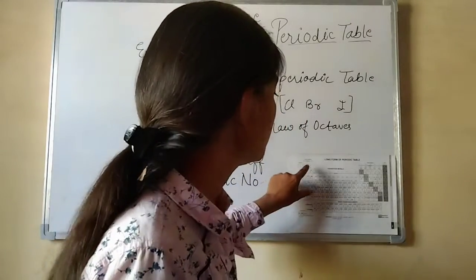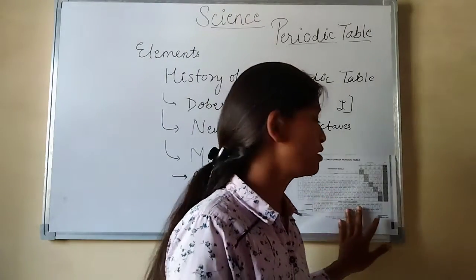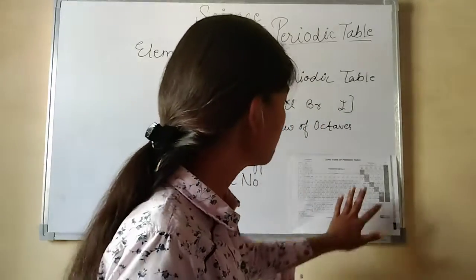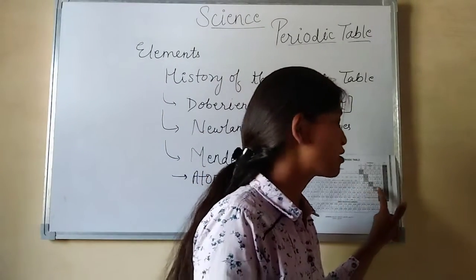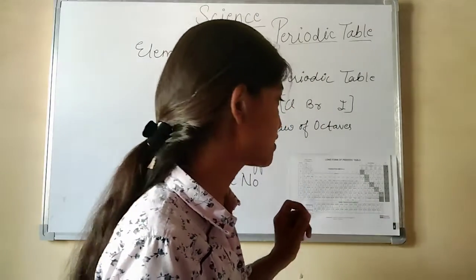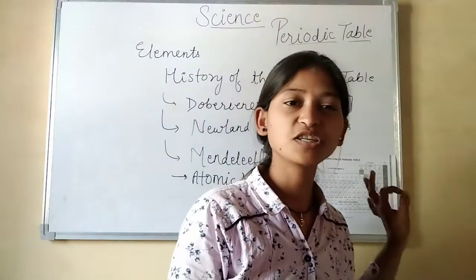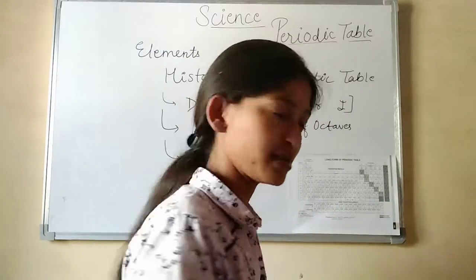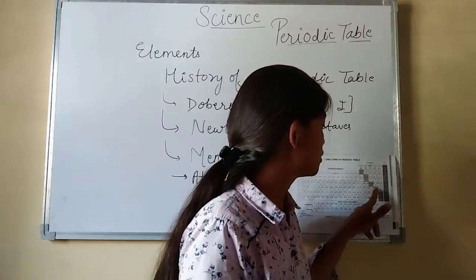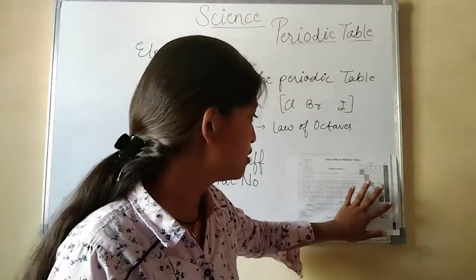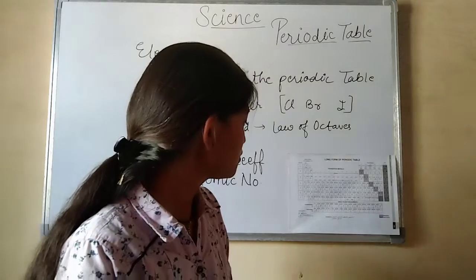In the S block, D block and F block, metals are present. In the P block, there are non-metals and semi-metals, which are also called metalloids. Metalloids are those having properties of both metals and non-metals. Here boron, silicon, astatine and tellurium are metalloids present in the P block.